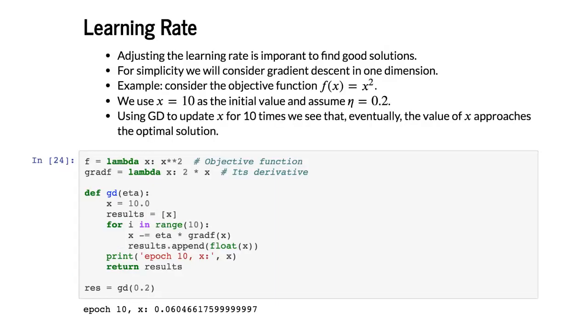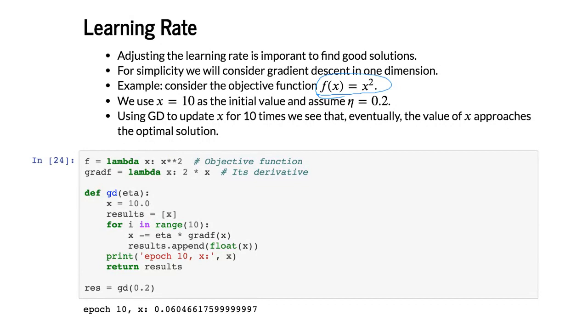Now, the last thing that I want to talk about is the learning rate. And the learning rate is a very important parameter in terms of training highly accurate networks. And to illustrate this, we will use a simple one-dimensional example where we will use gradient descent to find the minimum of this function over here.